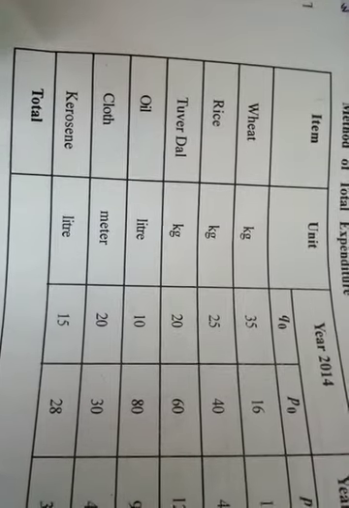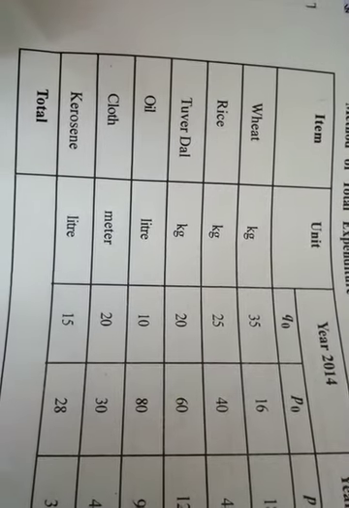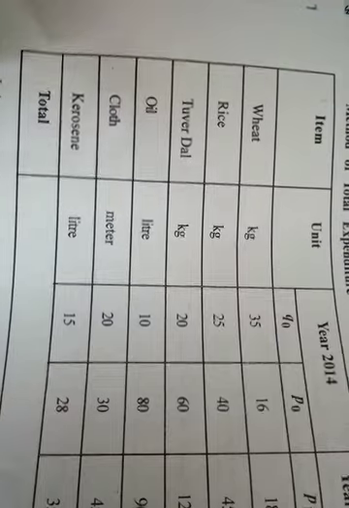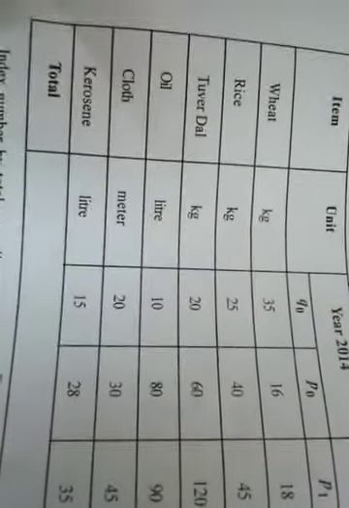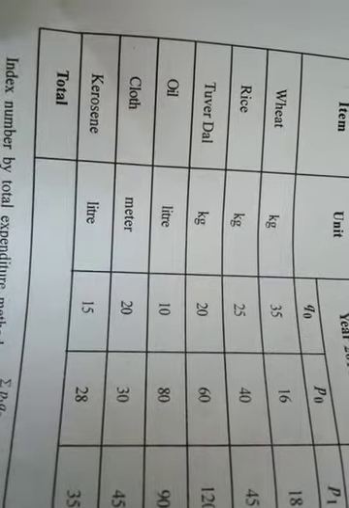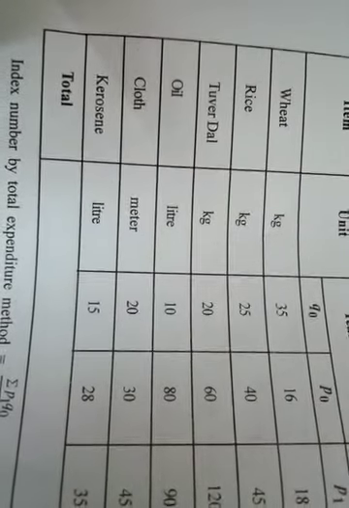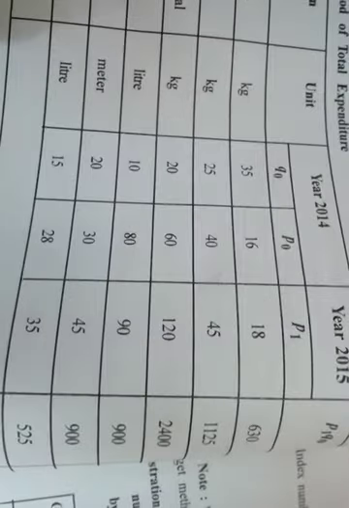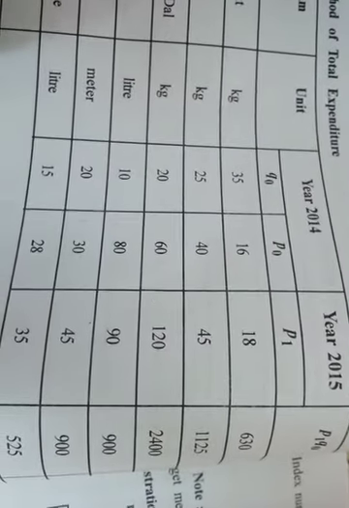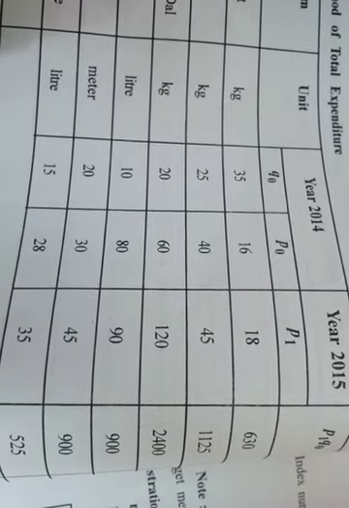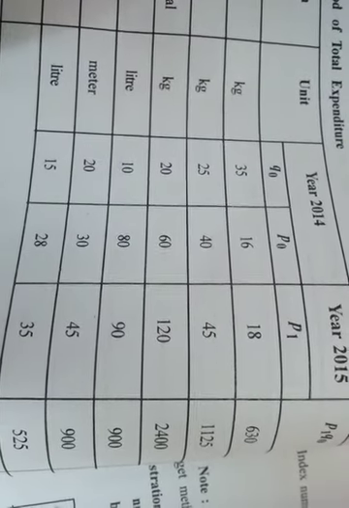Please remember it was 1600 for 100 kg, so for 1 kg it is 16 rupees. That is the only point to be noted when you calculate that column. Other things are all as given. P1 is also given. Now what do we want? We want P1 Q0, which means current year price and base year quantity.